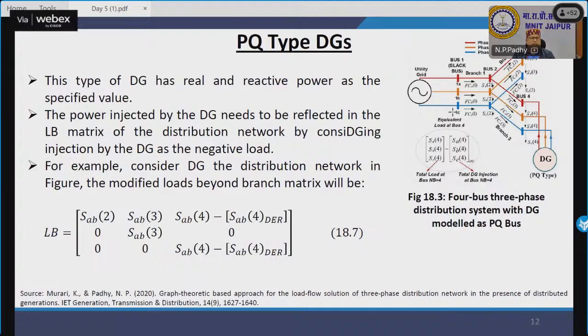All right. For example, consider the DG, considering the injection by the DG as a negative load.